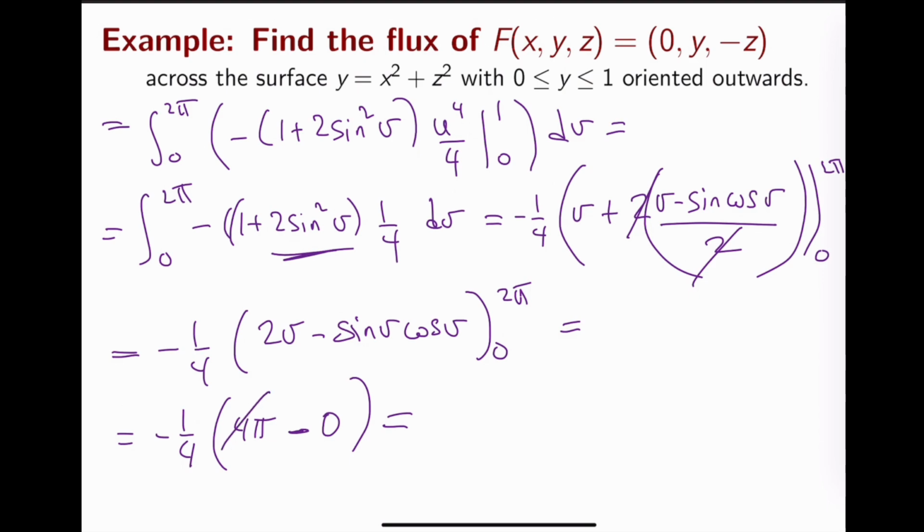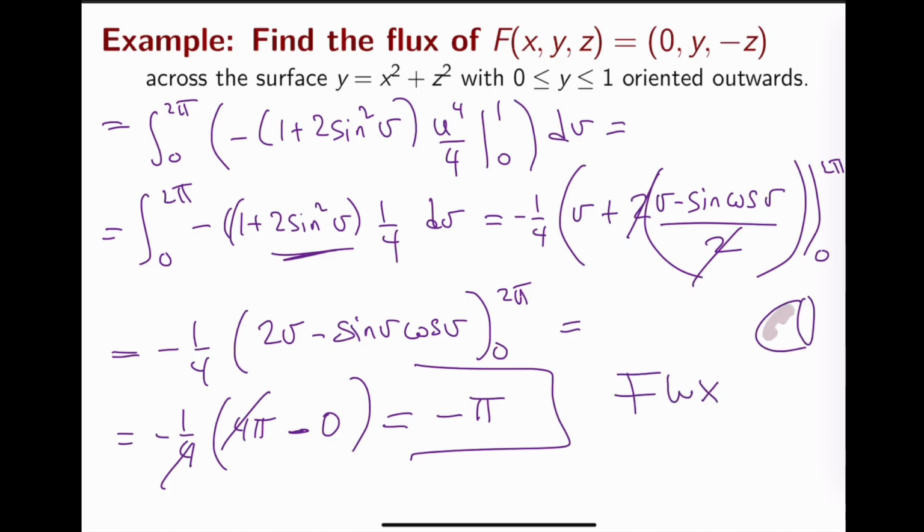And so the final answer here is going to be just minus pi. So the flux over the paraboloid that we saw before is negative. It's negative and equal to minus 3 point something, so there is more material entering the surface.